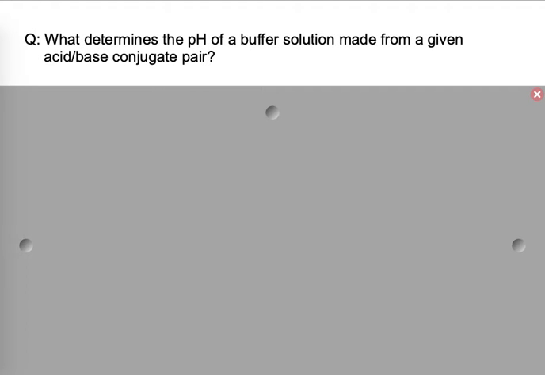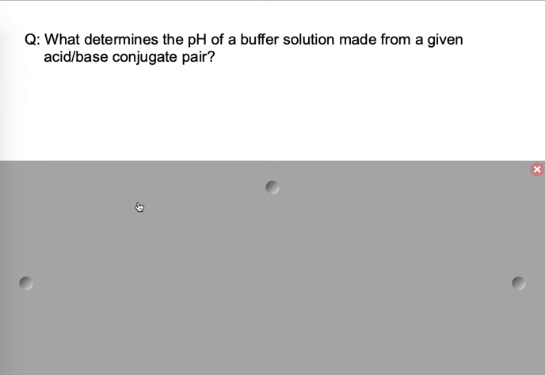So, to summarize, what determines the pH of a buffer solution made from a given acid-base conjugate pair? Well, again, I'm going to write out the Henderson-Hasselbalch equation. pH equals pKa plus the base 10 logarithm of the ratio of the basic component to the acidic component. Okay?